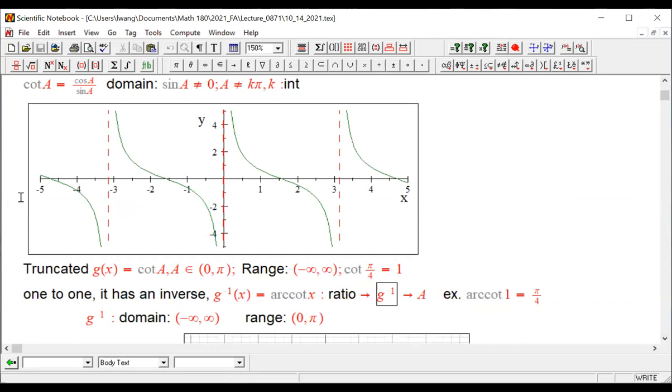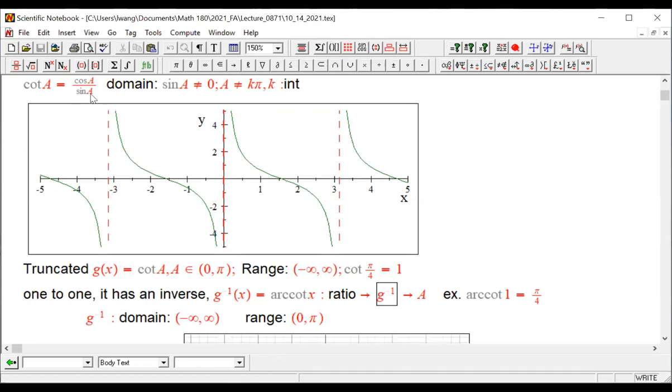Okay, so this is the arc cotangent. Can you write the range? Yeah, that's correct, Jacob. Between 0 and pi, exclusive. This is arc cotangent. This is cotangent.